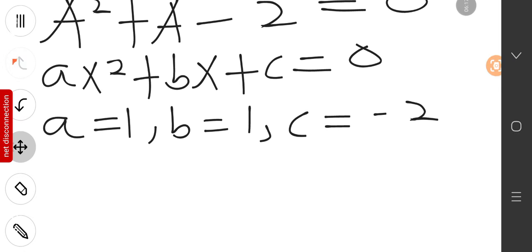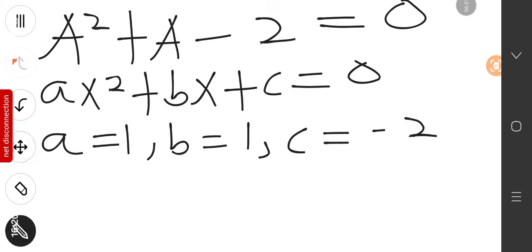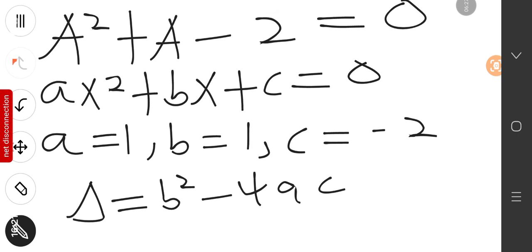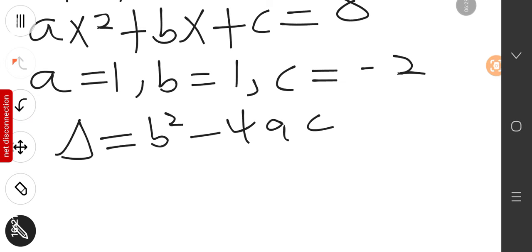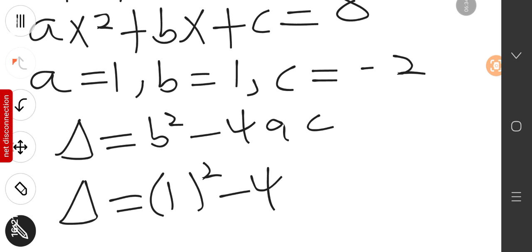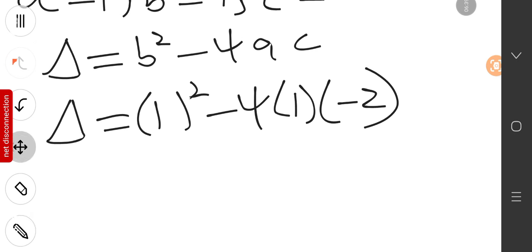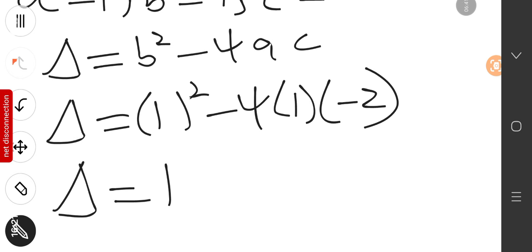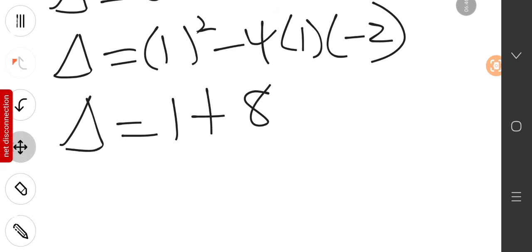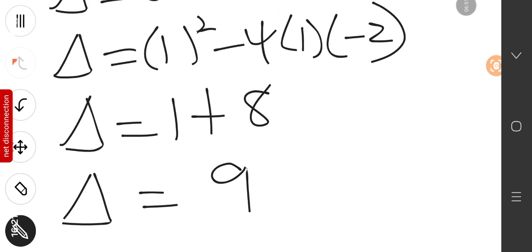Now, let's use this to find the discriminant of the equation. So we know the discriminant is given as b^2 - 4ac. So we are going to have discriminant = 1^2 - 4 times 1 times (-2). So we are going to have discriminant = 1 + 8. So you're going to have discriminant = 9.